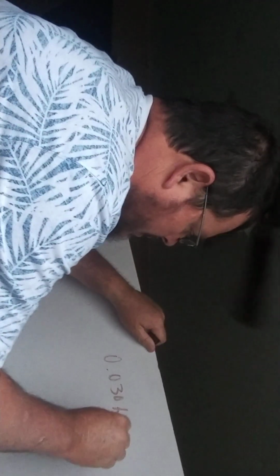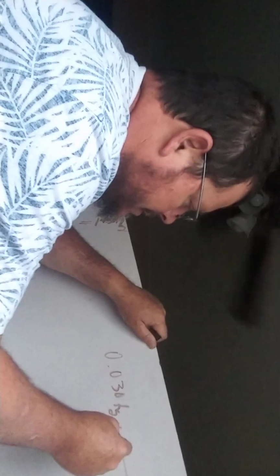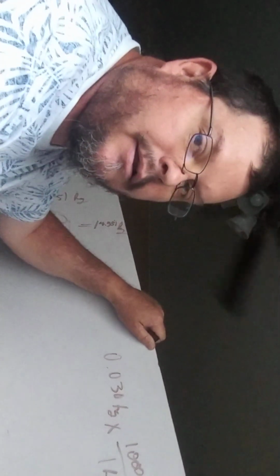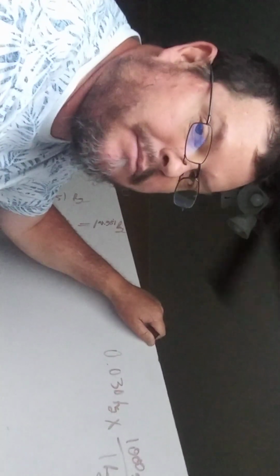First thing I've got to do is set up an equation with the relationship: for every 1 kilogram, there's 1,000 grams. Now that gets me to grams, but it doesn't get me to milligrams.